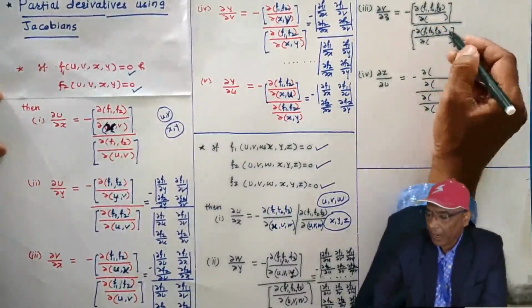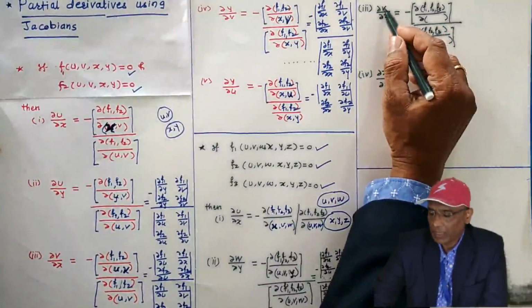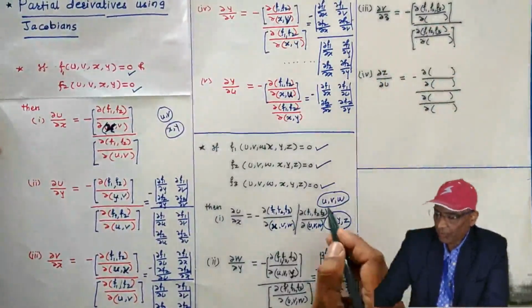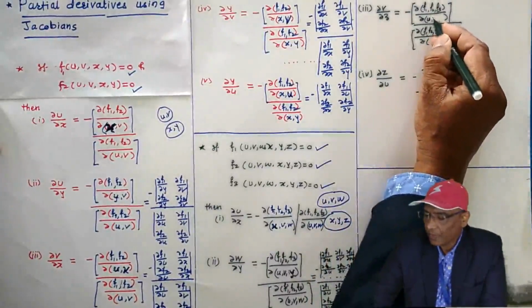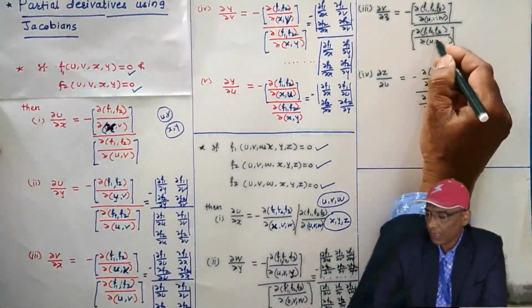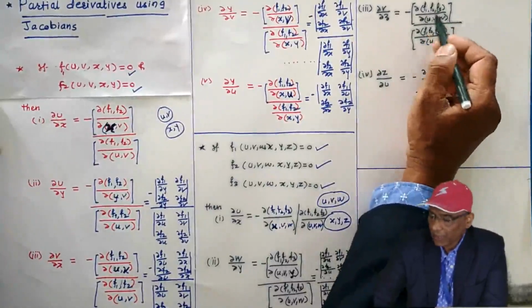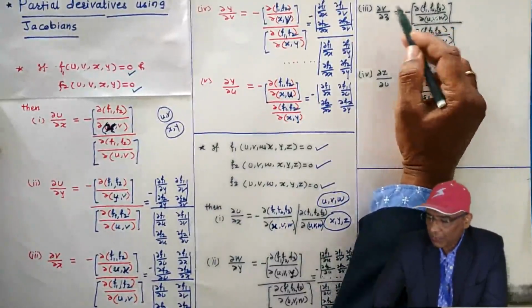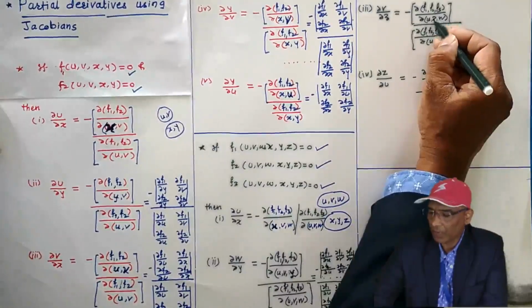And in the numerator, here in the partial derivative, v is present. V comes under the group of u, v, w. So I am writing here u, v and w. Now I am going to correct it. In the numerator Jacobian, replace v by z.